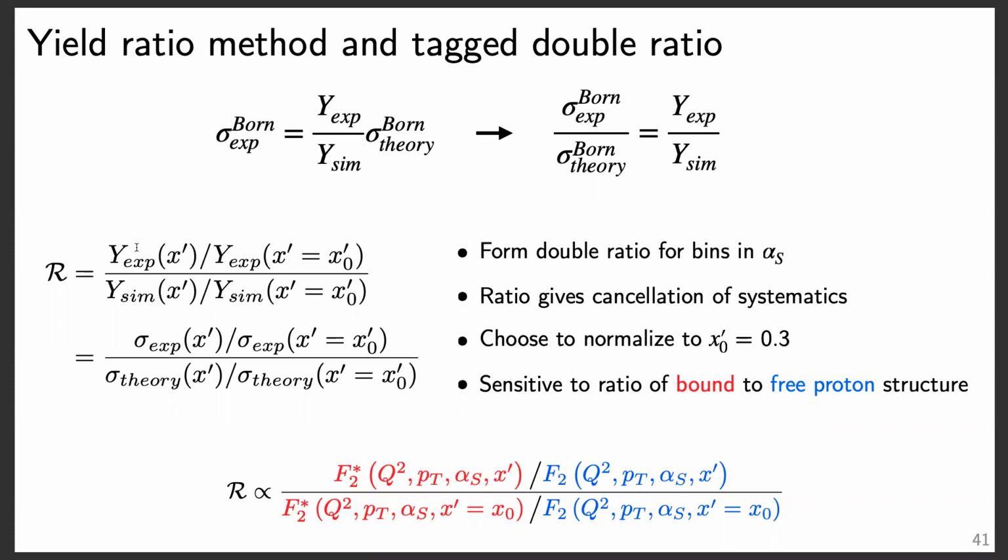But the problem here is that you're also conflating this with things like detector acceptance and so that's modification. So this is not correct? Well, that's what the Monte Carlo is for. When you form this double ratio, you take the events generated with your theory calculation and then you simulate them.